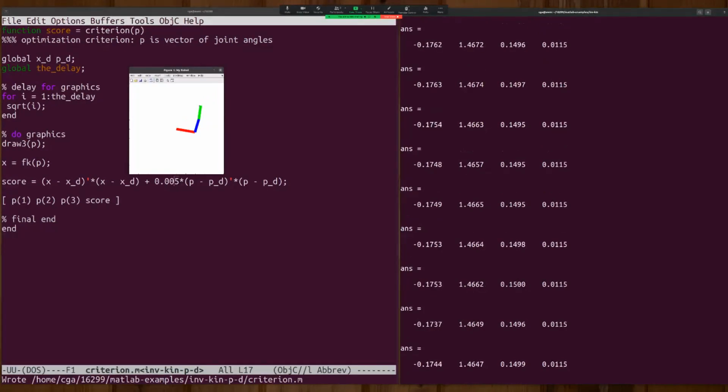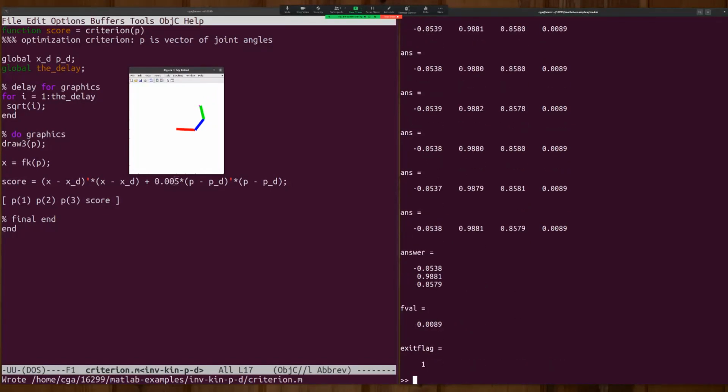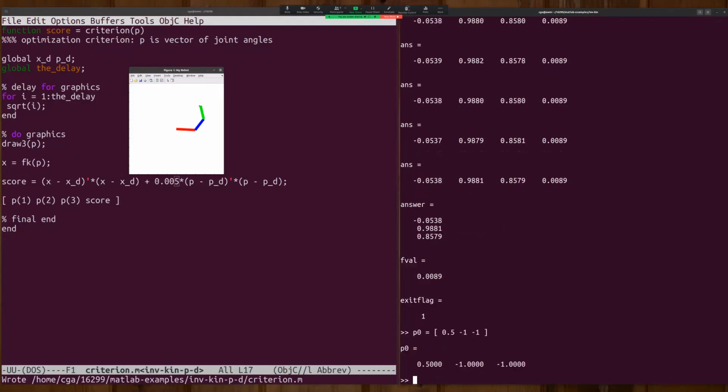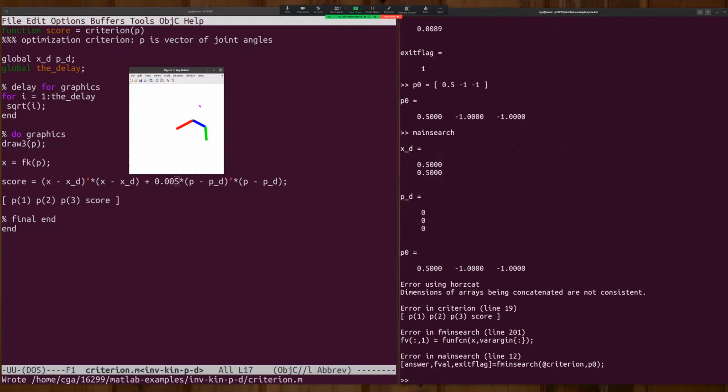So I'm going to just by hand try to screw with this thing. Okay, so it ended up with these. So I'm essentially going to say the starting point is the opposite of all these things. And let's see what we get. Well, I got the thing to flip, and then it freaked out.